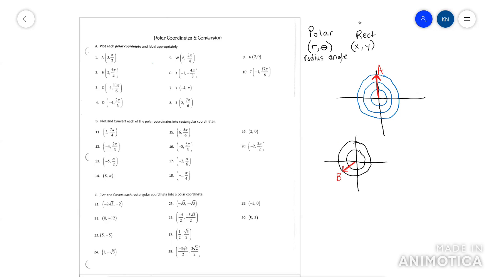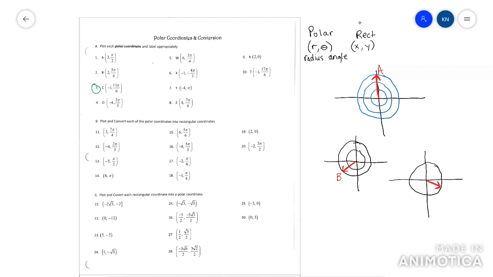Now, the way they can make these harder is, for example, like number 3, they'll make your radius negative. What you need to do is still draw that amount of circles, so 1 circle, here it is. And then plot it as if it was normal. So 11 pi over 6 would be all the way over here, basically in quadrant 4.